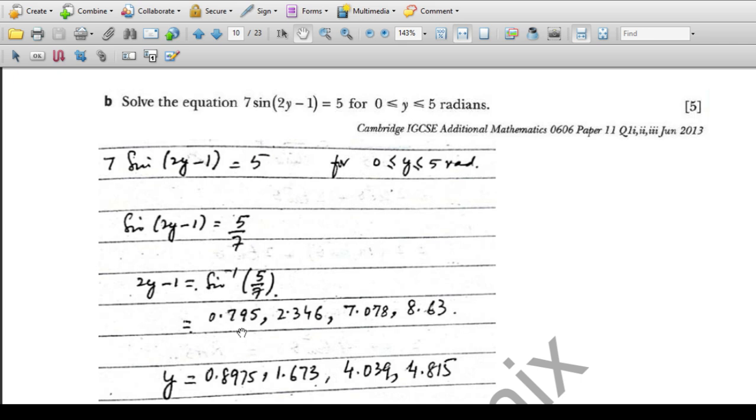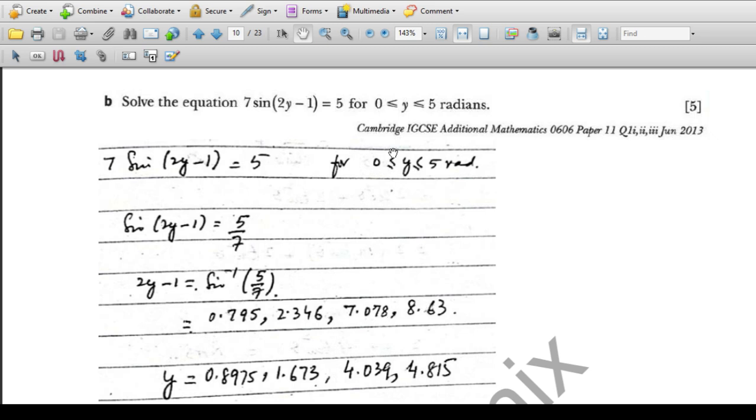So this is the first and this is the second quadrant, and since the range is 5 radians, we also have further solutions, because 2 pi is added to each of these.